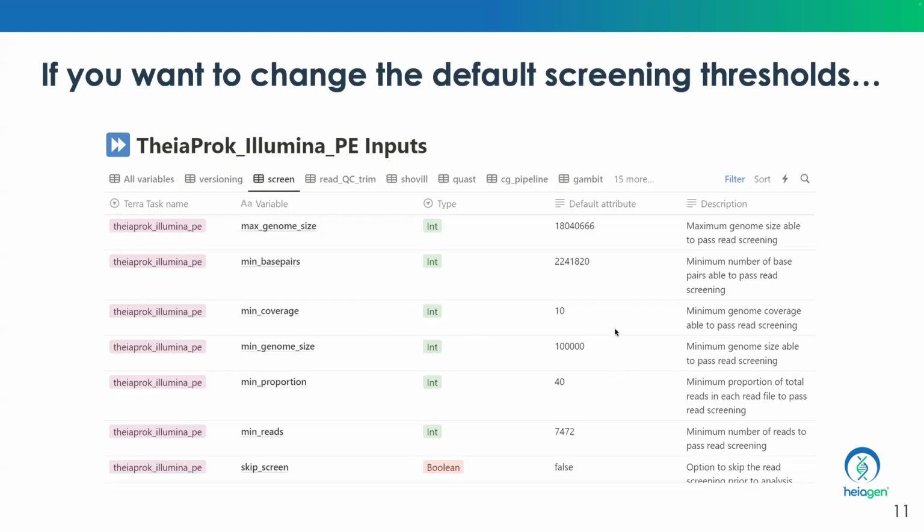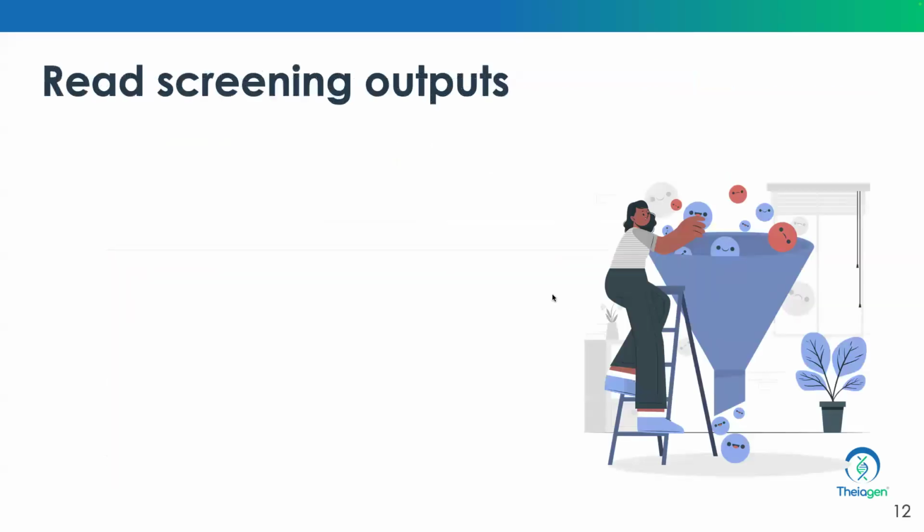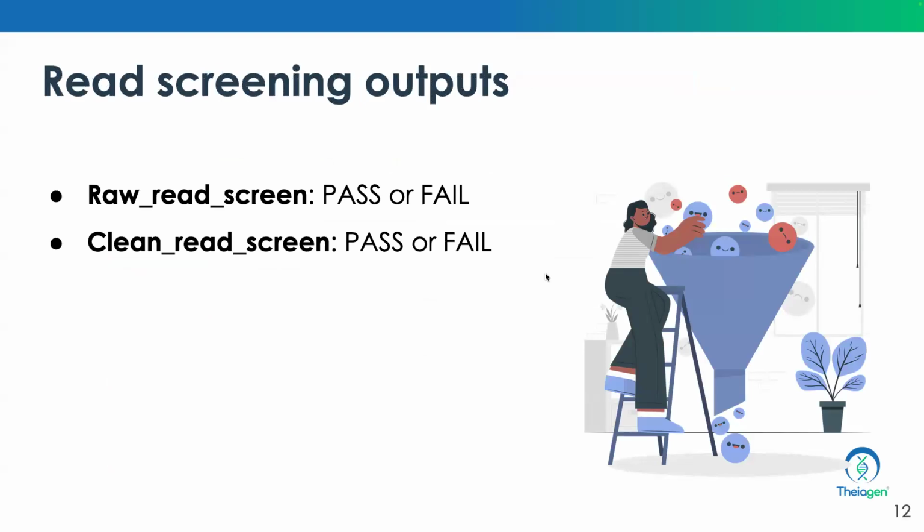inputs, but something that we insist on is that they are not cast in stone, which means you can change them, but obviously, you should be aware that when you change these things, what do you expect of the output? So the read screening outputs typically are pass or fail. And remember, we say there's a read screening step before and after the read cleaning.